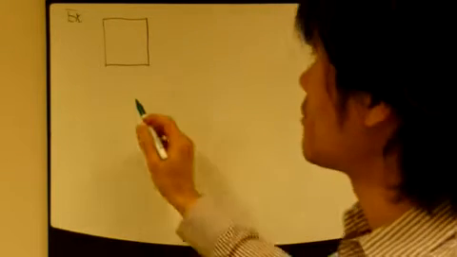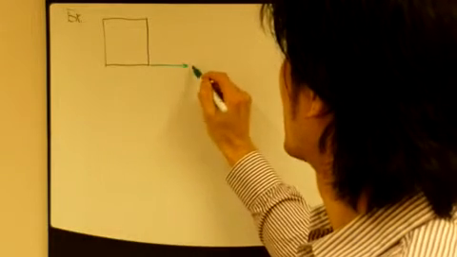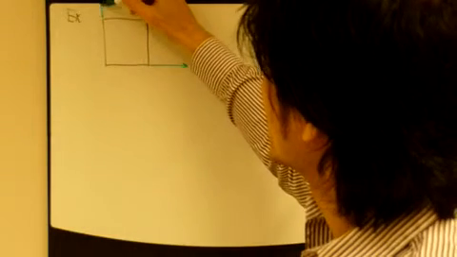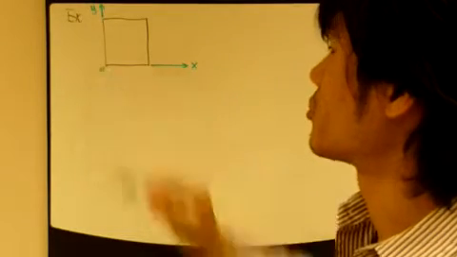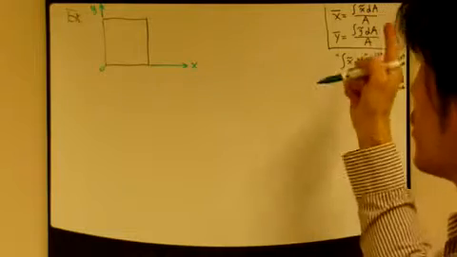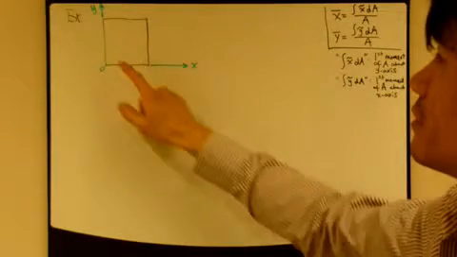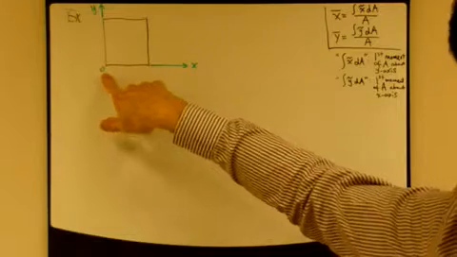So let's say if I define my coordinate system this way. This is my x-axis. This is my y-axis, which means that the origin is right here, the 0, 0 point. Then my answer, x bar and y bar, will be relative to this origin right here.